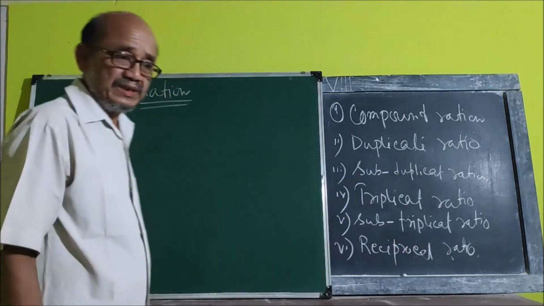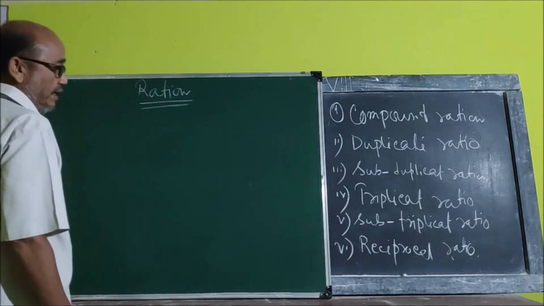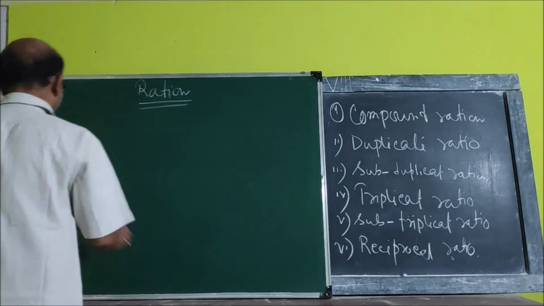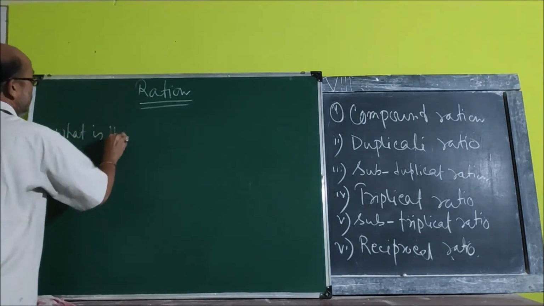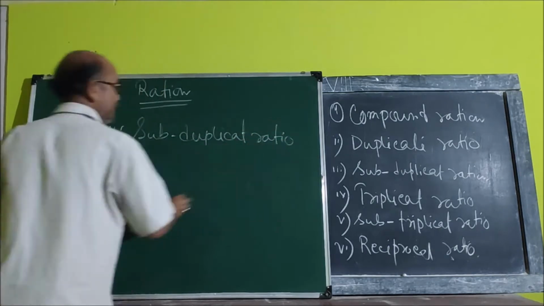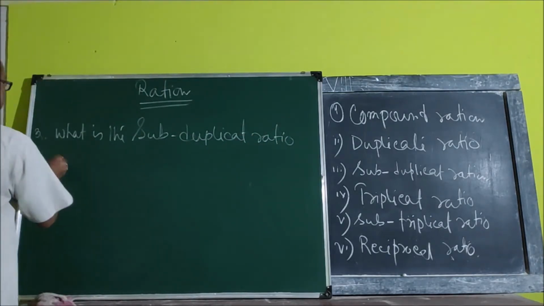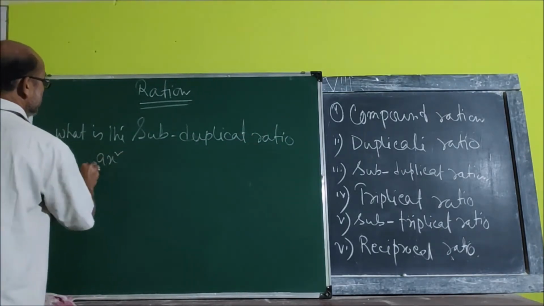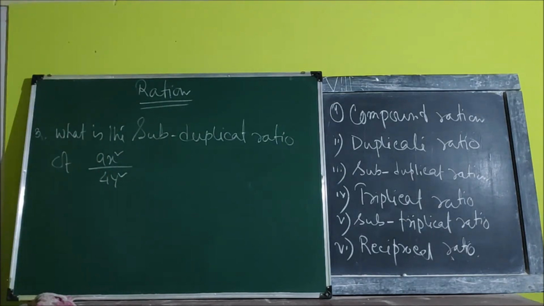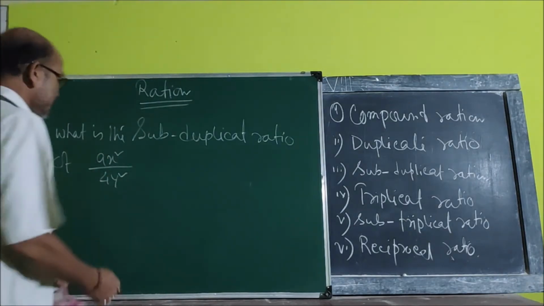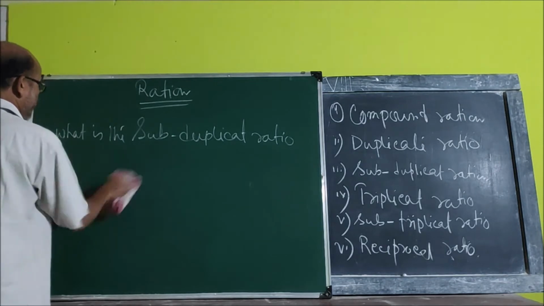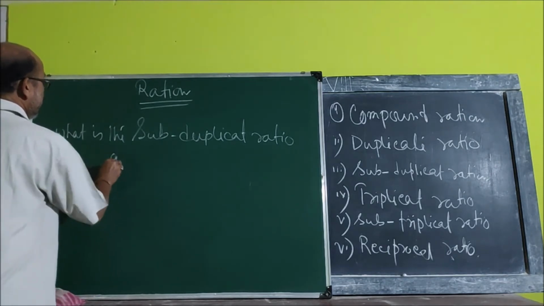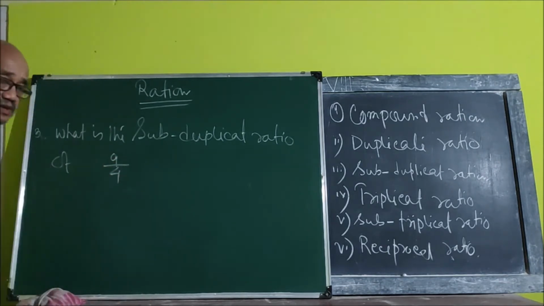Subduplicate ratio. Suppose you are given the ratio 9 by 4.